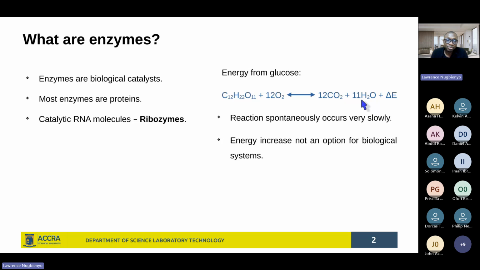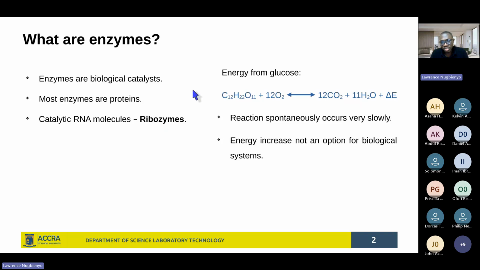A few enzymes are RNAs, and those RNAs we refer to as ribozymes. They are mostly involved in metabolism of nucleic acids, the recycling of nucleic acids, breaking down DNA and RNA molecules to go back into the synthesis of these nucleic acids again.